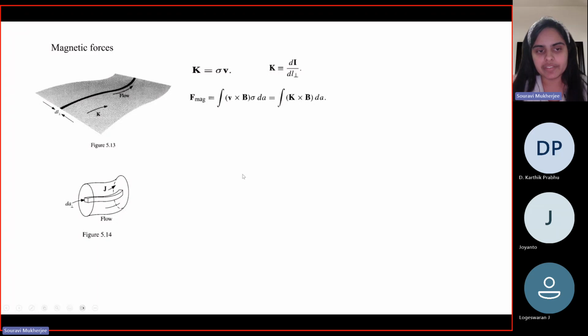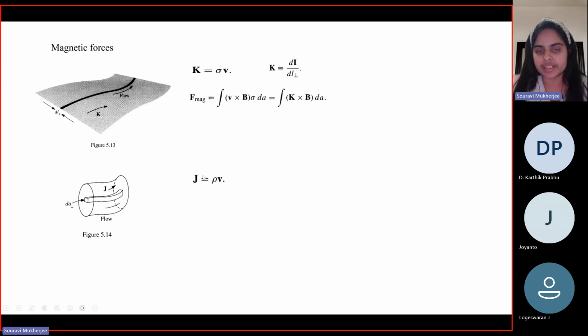So similarly, you can have a volume. If there is a current flowing over a volume, suppose you have a wire and the current is flowing uniformly through the wire, then what you have is a volume current density. In that case, you consider a small perpendicular volume. And it's just an extension of what you just discussed.